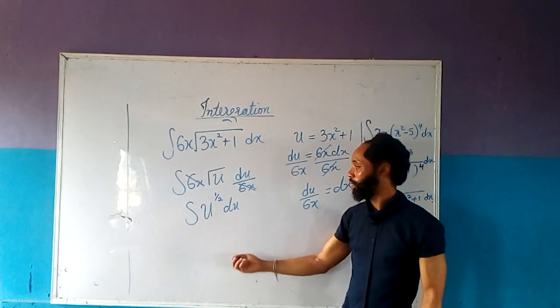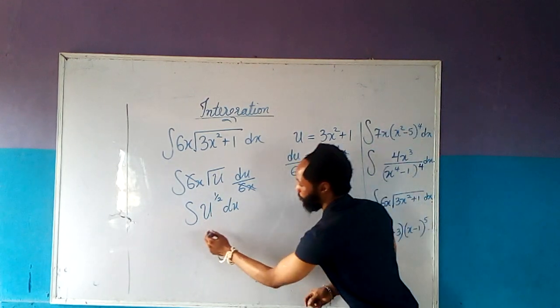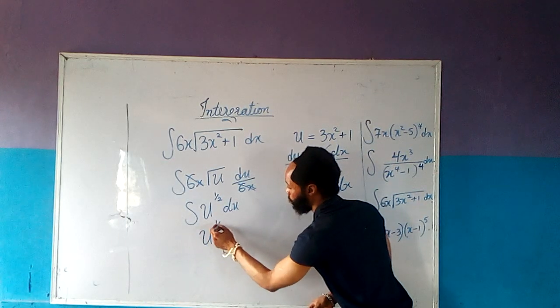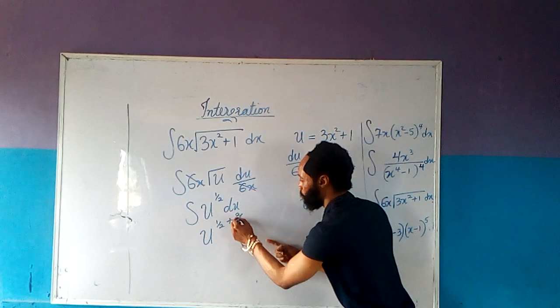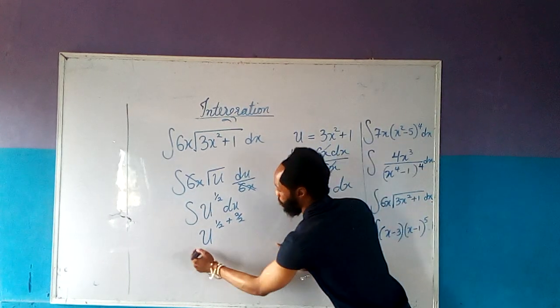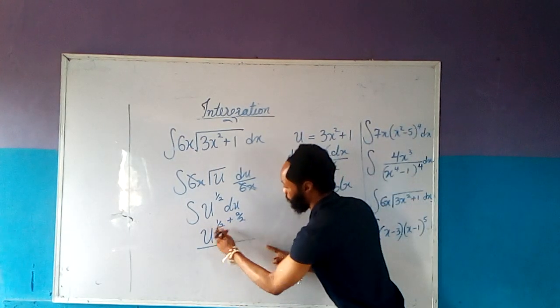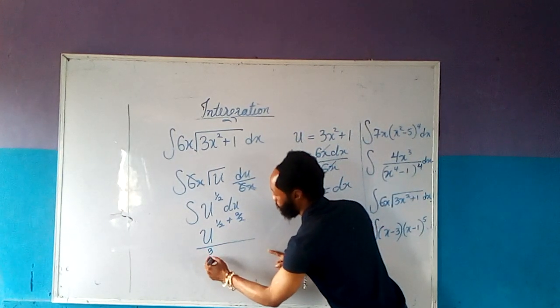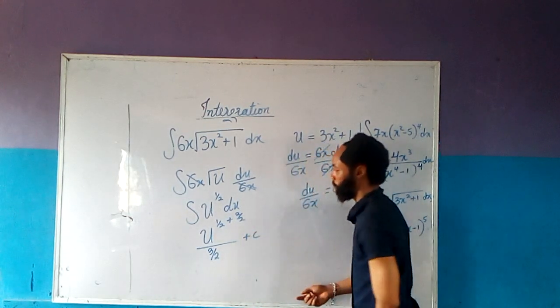Now we integrate. We just add one to our half here. So we have U raised to the power 1 over 2 plus what? 1. I'll write that as 2 over 2. All over what we have, which is 3 over 2, plus our c.